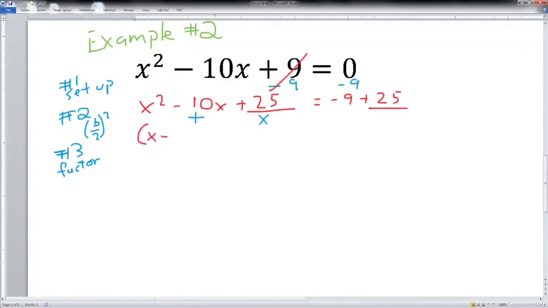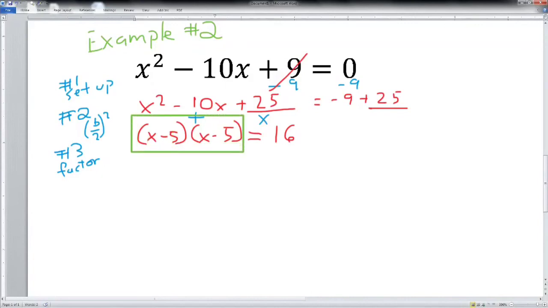So x minus 5 and x minus 5 equals, then we'll combine the two on the right. What is negative 9 plus 25? It is 16. Then we'll combine these two on the left.